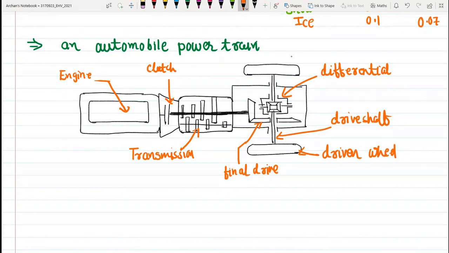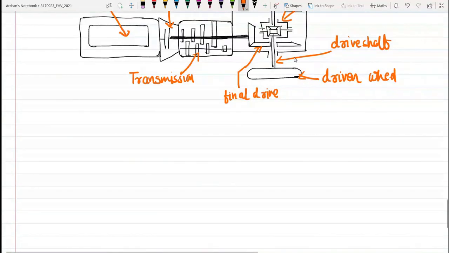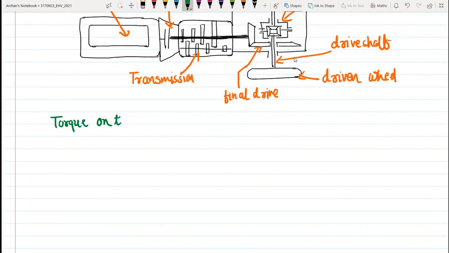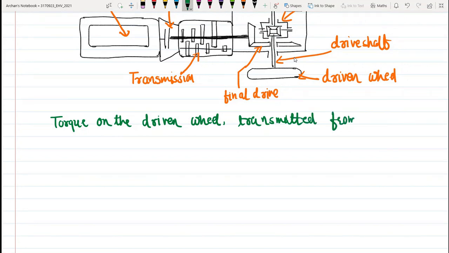Okay. So the torque on the driven wheels transmitted from the power plant is given by the torque on the driven wheel transmitted from the power plant.